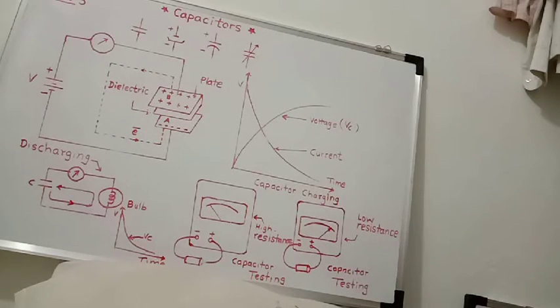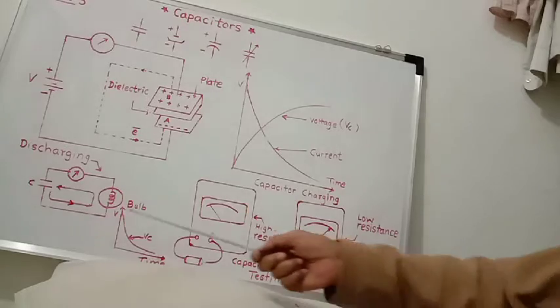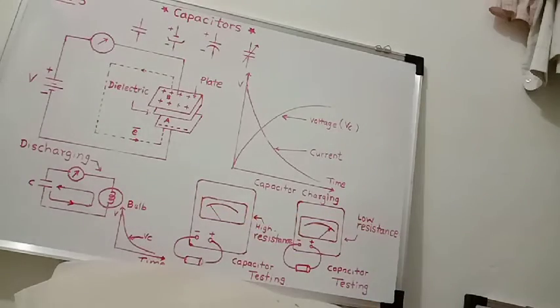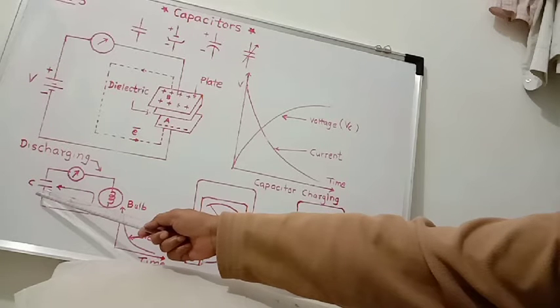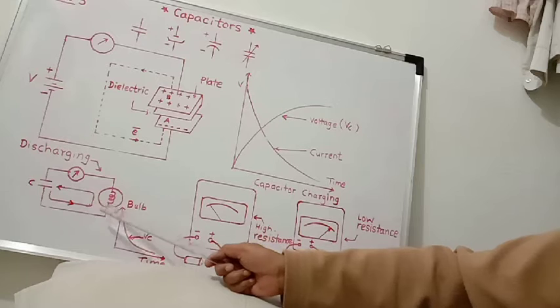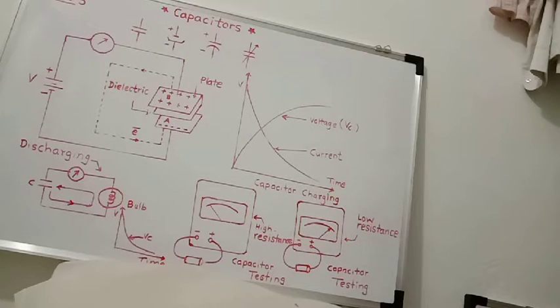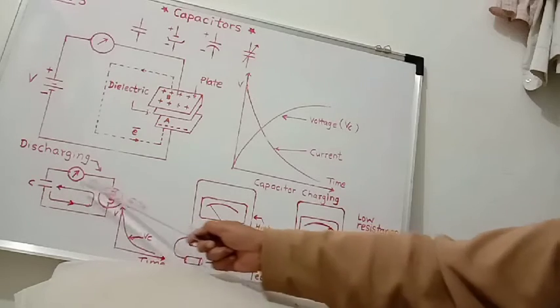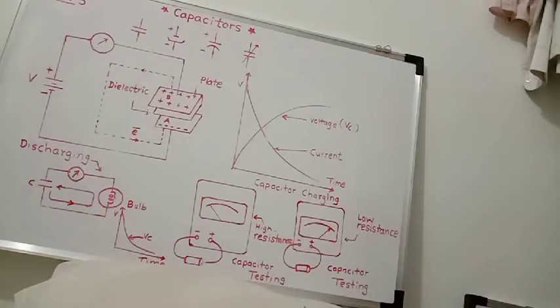This capacitor can be discharged by connecting a resistance or a bulb across it. So this is a fully charged capacitor, and here one bulb is connected across it. Slowly the capacitor discharges through this bulb.